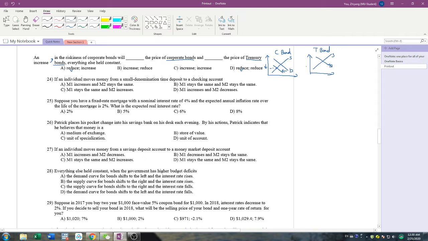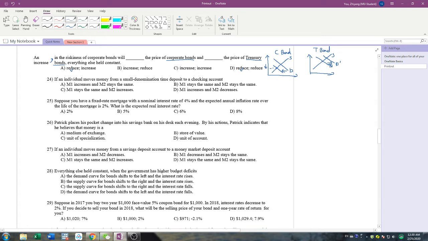The second one: when corporate bond riskiness gets relatively higher and T-bond risk stays at the same place, T-bond becomes relatively safer, so we're going to demand more of treasury bonds.